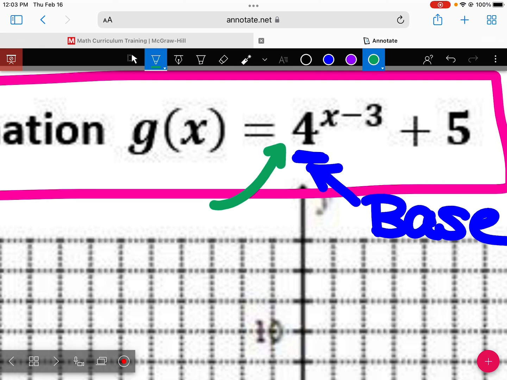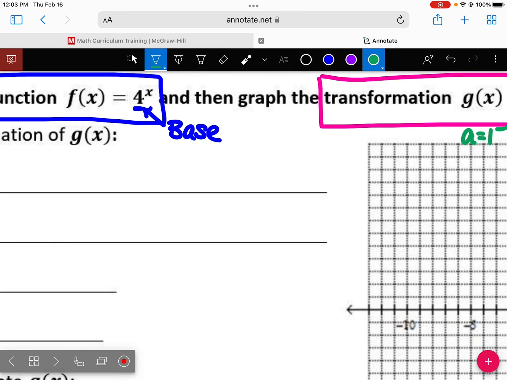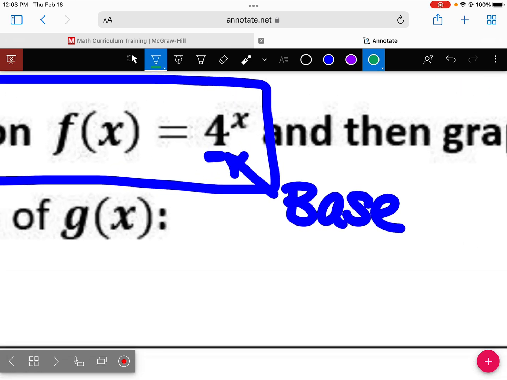So right here is where I would see that A value, and it is 1. Go look at the parent. What's the A value on the parent? Yeah, there isn't one, so it's a 1 here also. So is our A value different in the transformation? No, then I don't have to describe anything. I only have to describe things that are different.